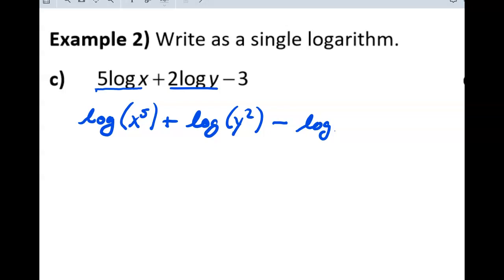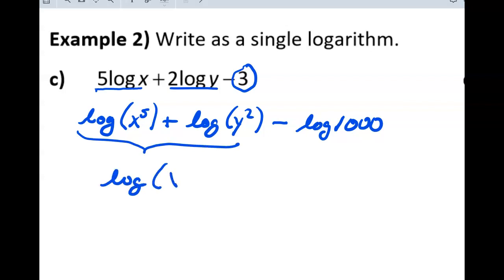And if the log is equivalent to 3, that means the exponent is 3. Now remember, our base is 10 because this is a common log. So 10 to the 3rd power is 1,000. So log of 1,000 is equivalent to 3. And now we can use our product property.